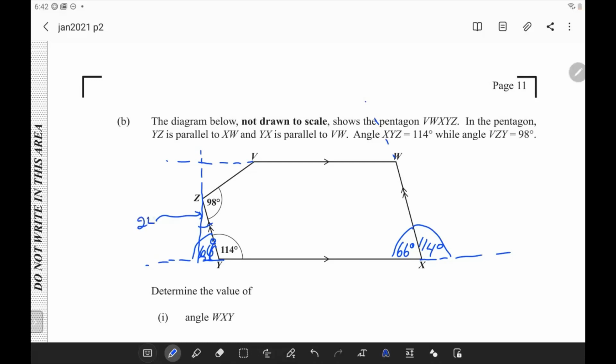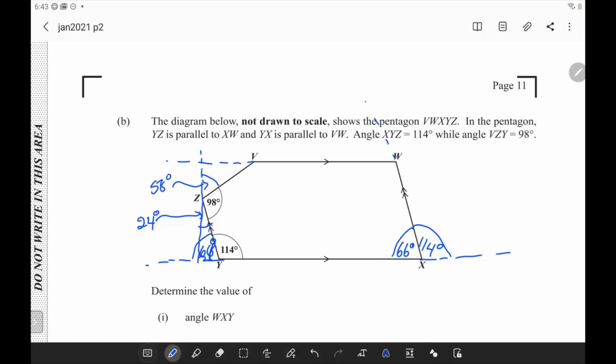So this is 24 degrees, which would mean that this angle here, so we have 24 plus 98, and we need to subtract that from 180, which will give us 58 degrees right here.